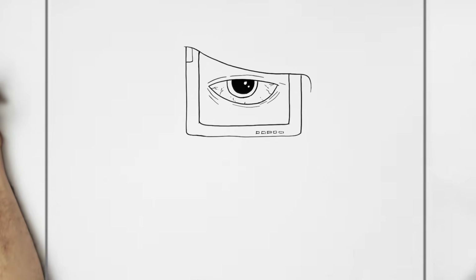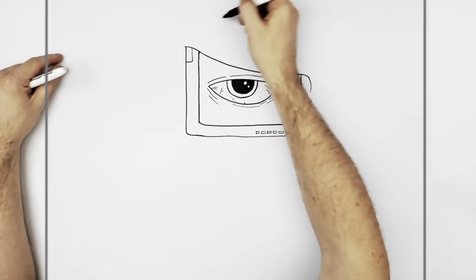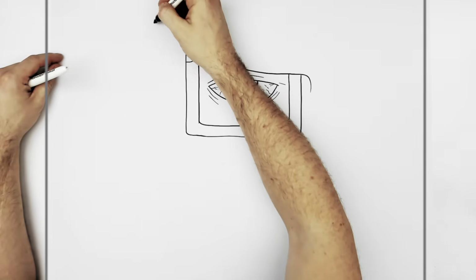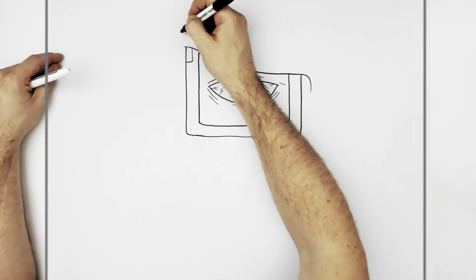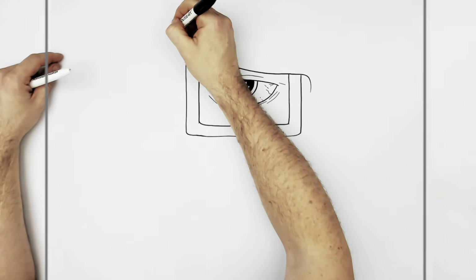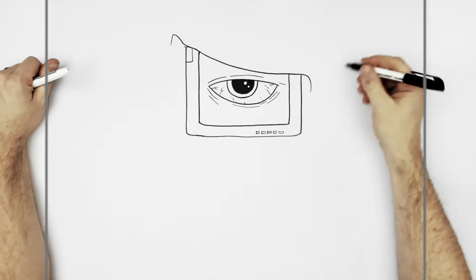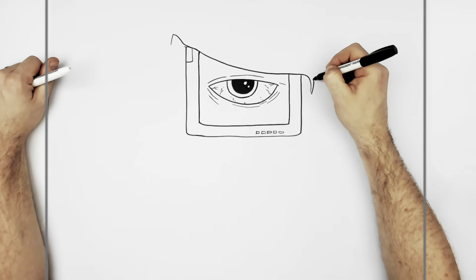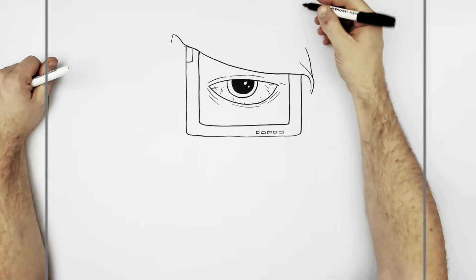Okie dokie. So the rest of this hood, it's like it's sitting on top of his kind of square TV head. So we gotta go up a bit with this. And then it kind of goes in this way. It's kind of bumpy.